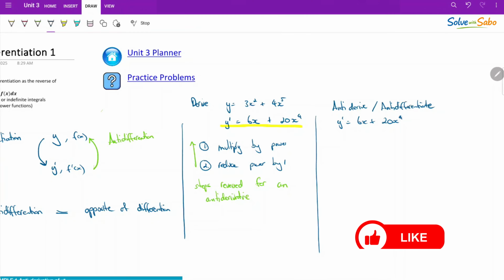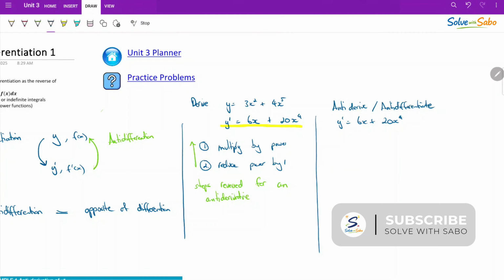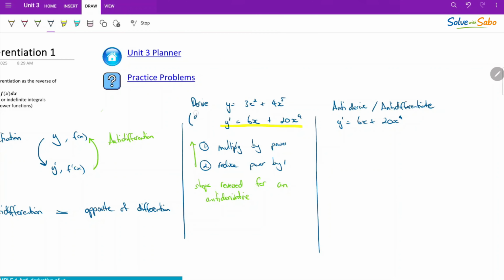Now, the key thing is we need to use the correct notation. So what I mean by correct notation, when we do derivatives, we know that derivative means d dx, the derivative of our function with respect to x. If we want to look at the anti-differentiation, it is the integral of something with respect to x, or with respect to whatever variable we've got.